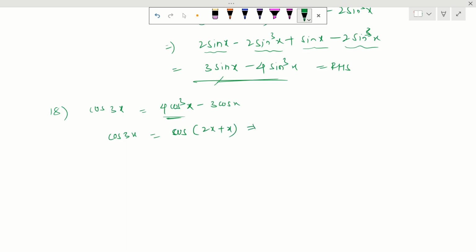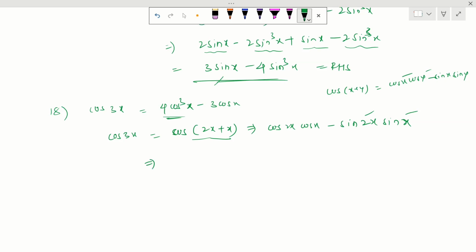We know the formula of cos of x plus y: cos x cos y minus sine x sine y. Understood? So here x is 2x and y is x in this expression.